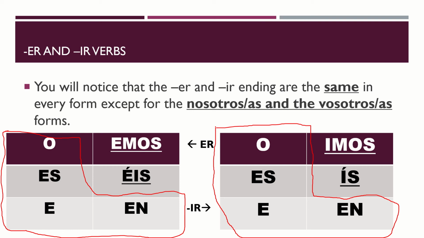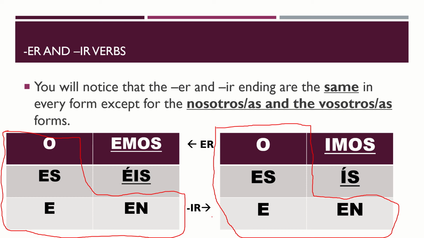Now, if we're comparing our ER verbs over here on the left-hand side to our IR verbs over here on the right-hand side, you'll notice that they are similar or the same inside of our boot, right? So inside of the boot, we have o, es, and then e followed by n.